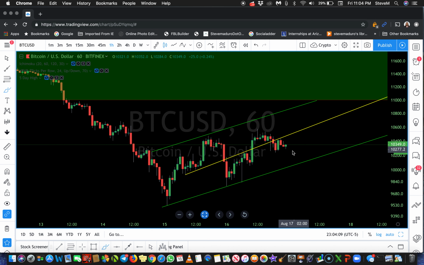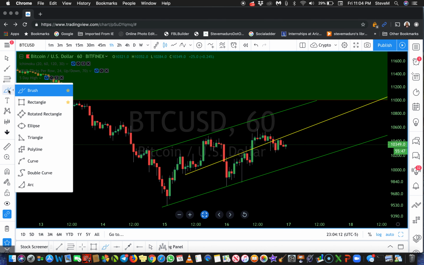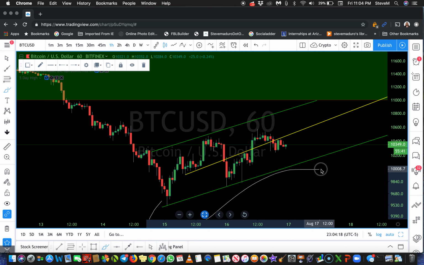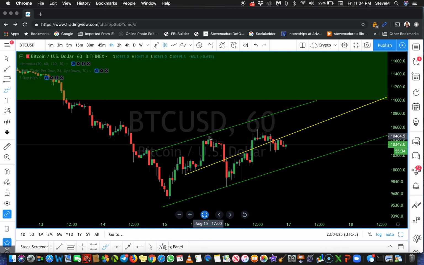So I really feel like this zone right here, anything that touches this area, it's going to sell. I'm looking here, we rejected. Plus, we've got this supply zone right here.